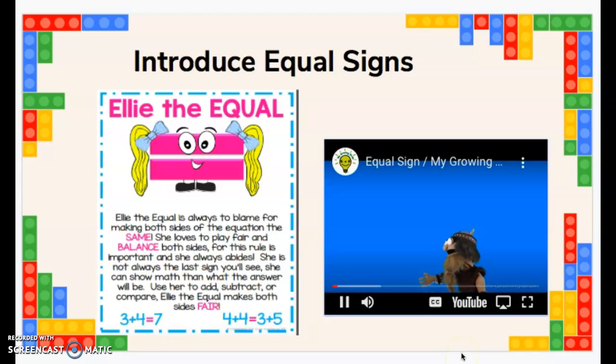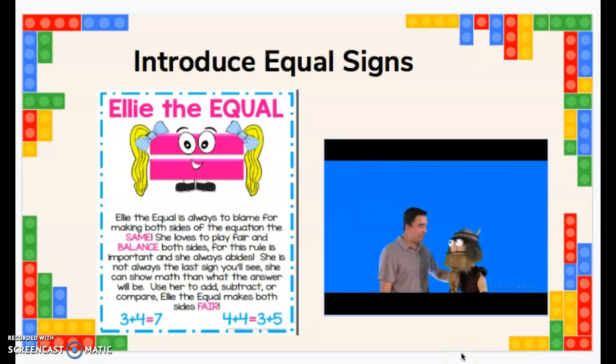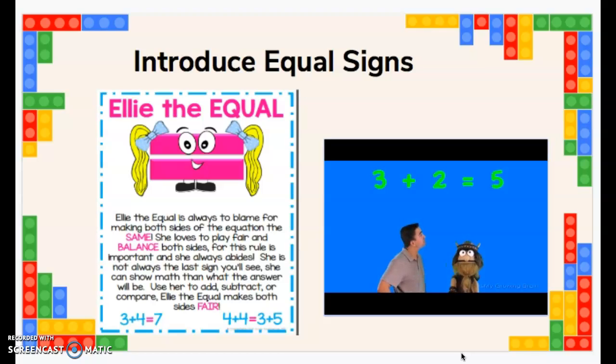Hey, Coach Mike. Hey, Ole. How you doing? Oh, I'm pretty good, Coach Mike. Good. How about yourself? Not too bad, thanks. I have a question for you, Coach Mike. Well, look at this thing. I know that 3 plus 2 is 5. That's correct. But what is this thing right here, Coach Mike? Oh, well, that is the equal sign. The equal sign? You know, you just say 3 plus 2 is 5. Mm-hmm. But you could also say 3 plus 2 equals 5.